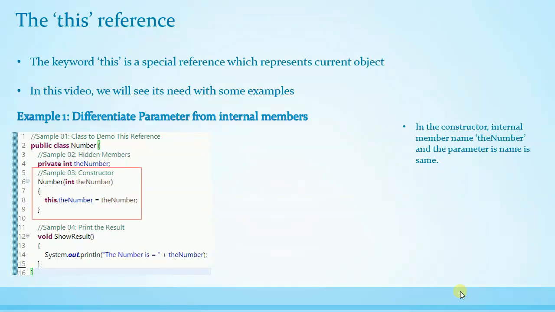In the constructor, there is a parameter, and the parameter name is number. The type is integer. And the internal member is also number. The parameter name and the internal member name are both the same.